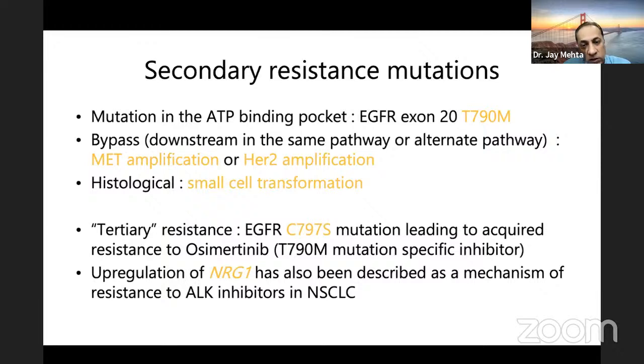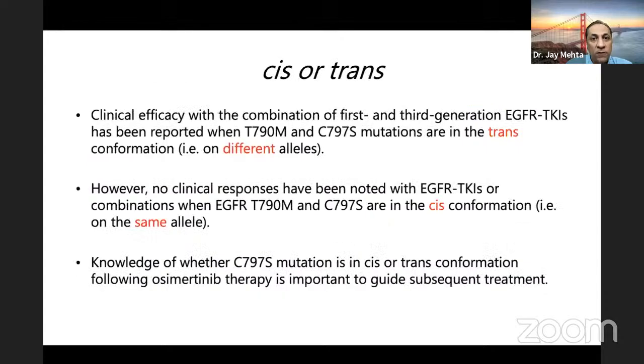If you give osimertinib, which is a T790M mutation-specific inhibitor, a very specific mutation called C797S develops as an acquired resistance to osimertinib. Even upregulation of NRG1 has been described as a potential mechanism of resistance to ALK inhibitors. This is the concept of cis and trans when you're looking for resistance mutations.